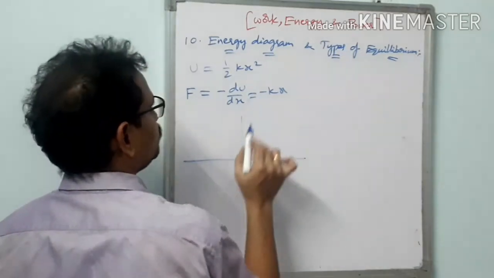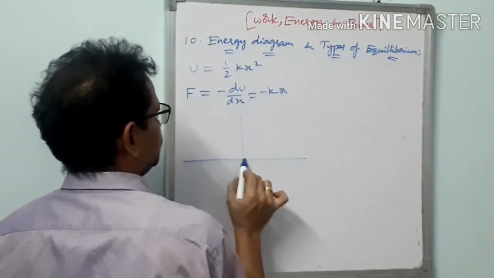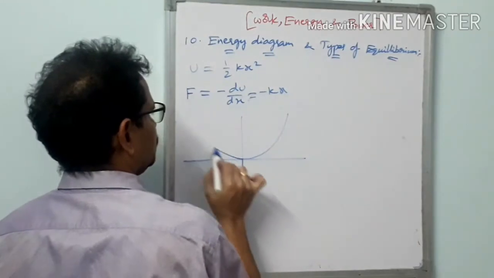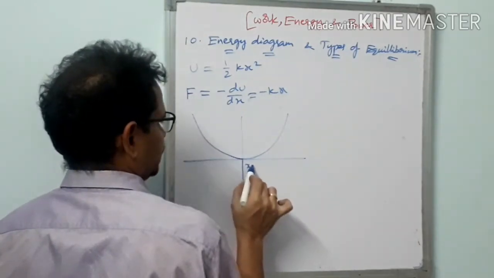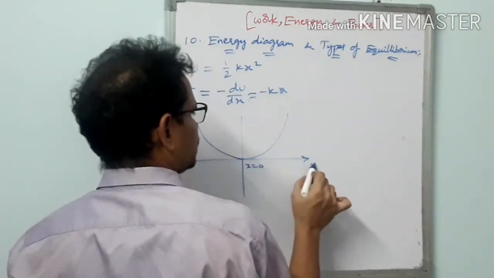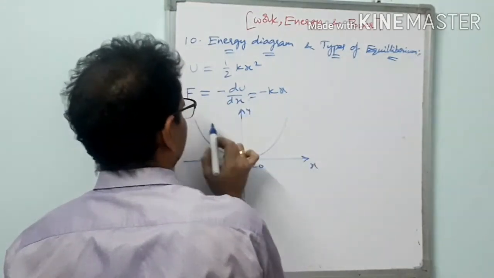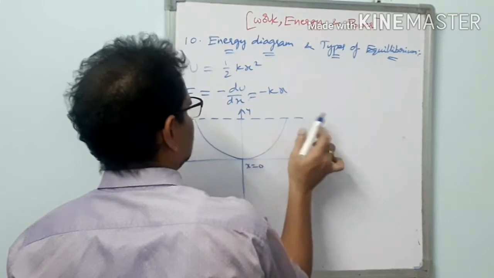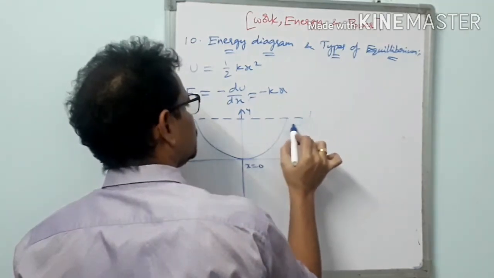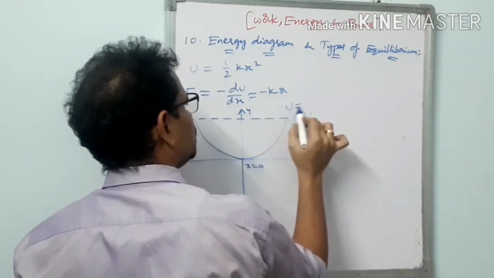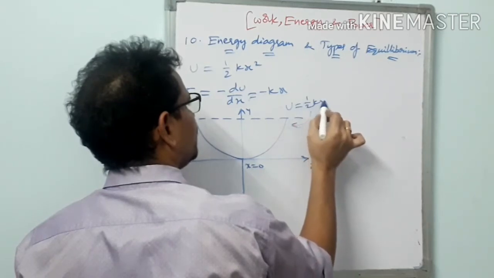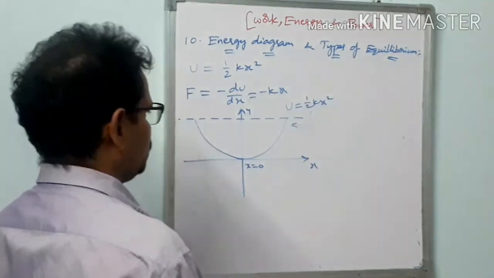This is x equal to 0, this is the x-axis, this is the y-axis. Here this curve is the potential energy curve, U equal to half k x square.